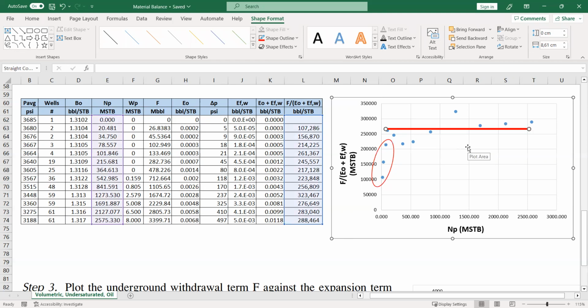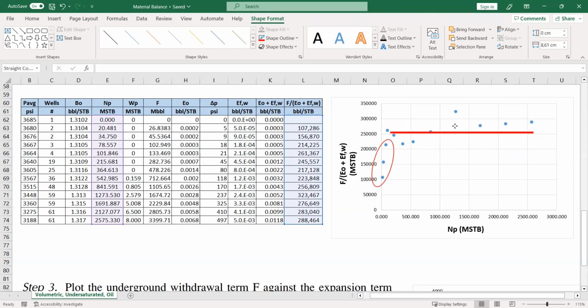By concluding that it's horizontal, I'm saying that it's a volumetric reservoir. So we don't have any aquifer support, aquifer impact on this reservoir. Again, this is a case of a volumetric oil reservoir.